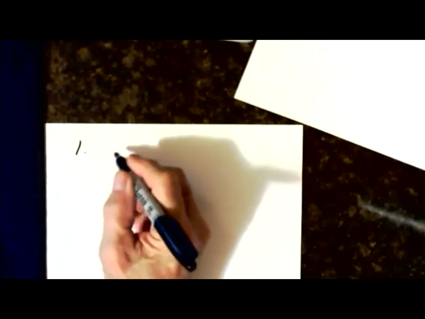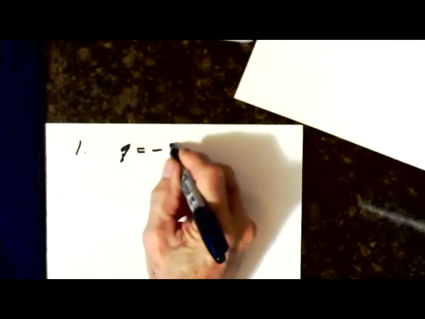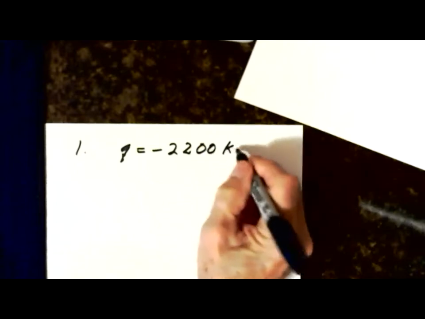Okay, so let's look at the relationships that we have. We know that Q is equal to minus 2200 kilojoules.